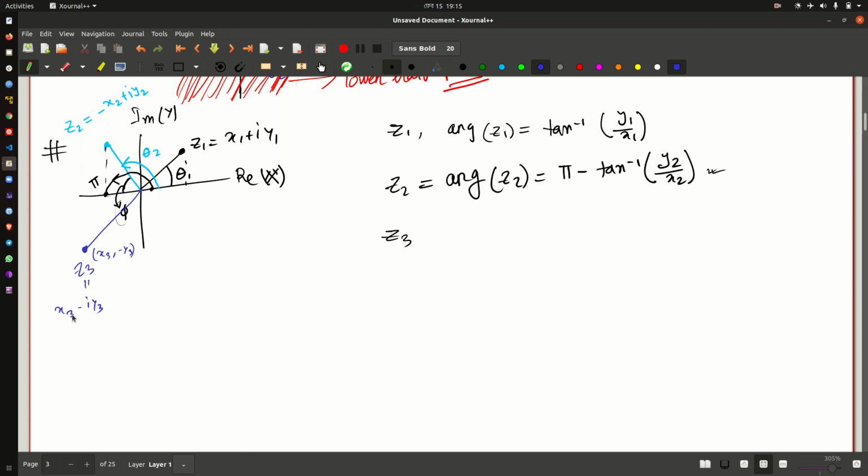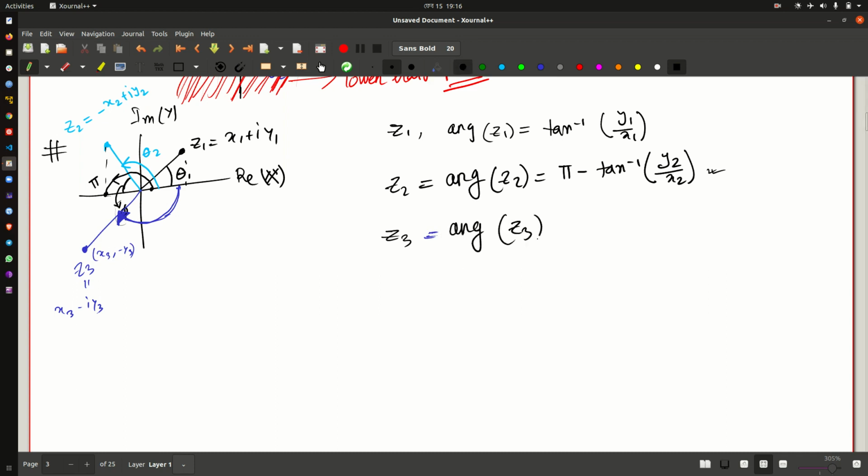And similarly, the shortest distance now would be to rotate in the clockwise direction like this, right? That should be the smallest rotation angle we can get to go to the point z3. So in this case, for z3, the principal argument would be minus pi.